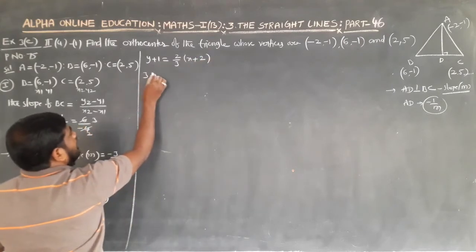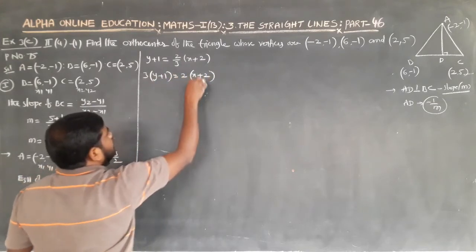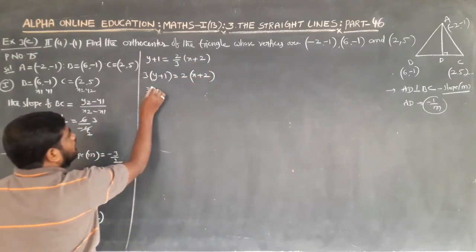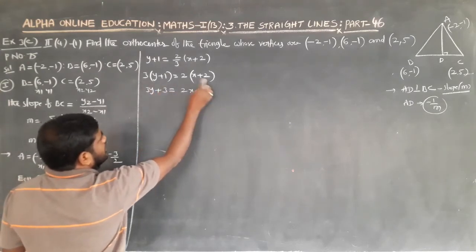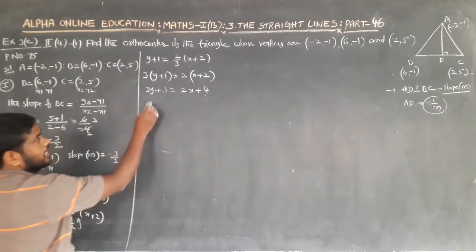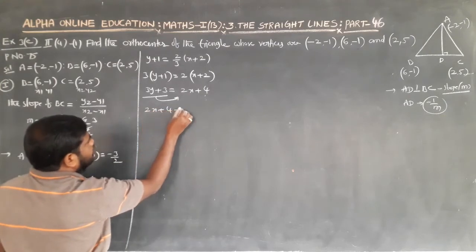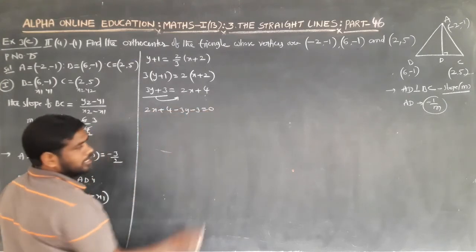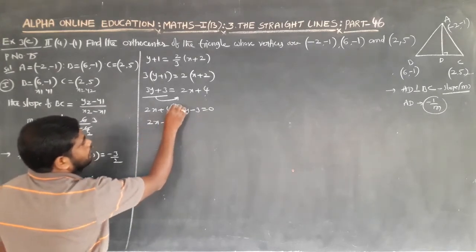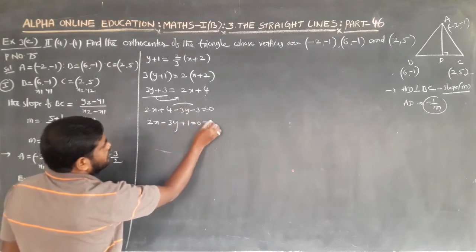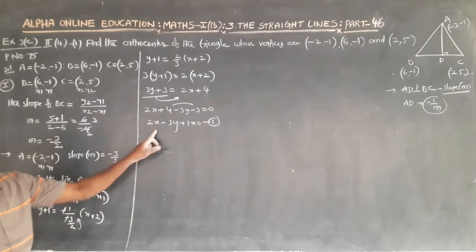Taking 3 to the left side, 3 into y plus 1 is equal to 2 into x plus 2. 3y plus 3 is equal to 2x plus 4. Taking to the right side, 2x plus 4 minus 3y minus 3 is equal to 0. So 2x minus 3y plus 1 is equal to 0. This is the equation of AD.